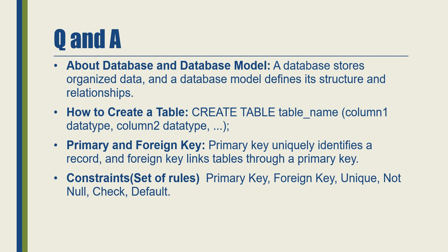But primary key is important. Then unique, not null, check, default. These are the list of constraints. Constraints means, simply you can answer, a set of rules which are applied for the respective database architecture or table. That's it.